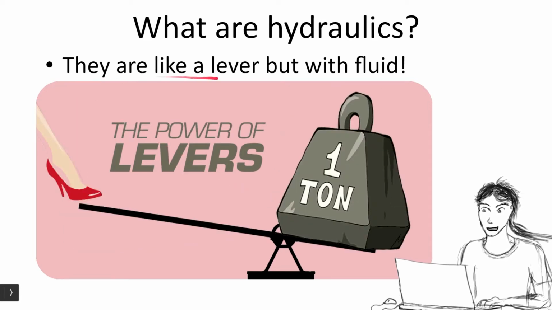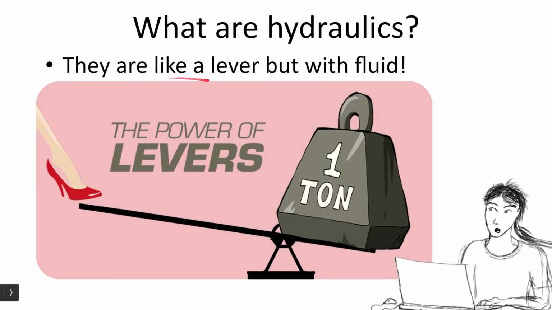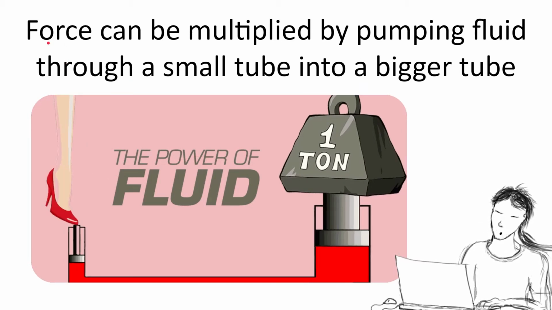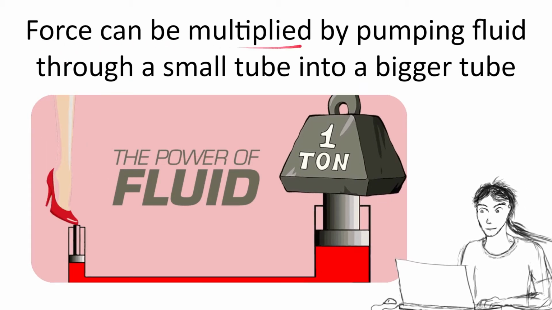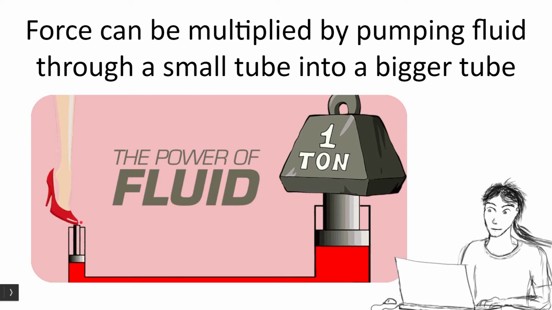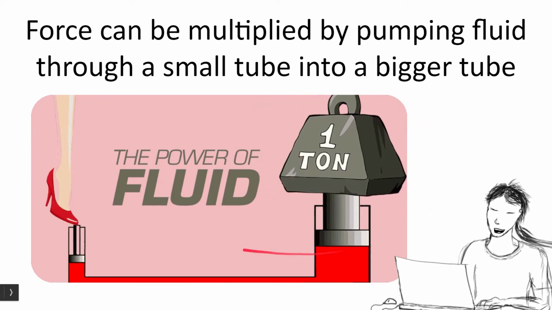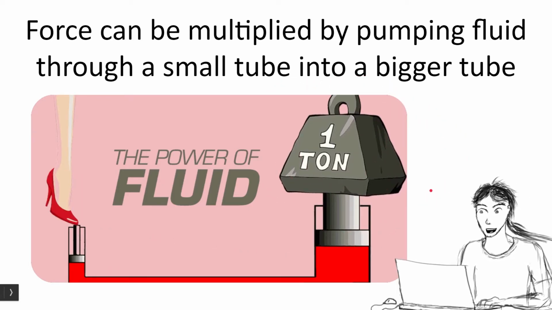Basically, hydraulics are like a lever, but with fluid. With hydraulics, you can multiply the force of something by pumping fluid through a tiny tube into a bigger tube. So even a small, dainty force pressing on a small tube of fluid can lift a massive weight if it's going into a bigger tube.